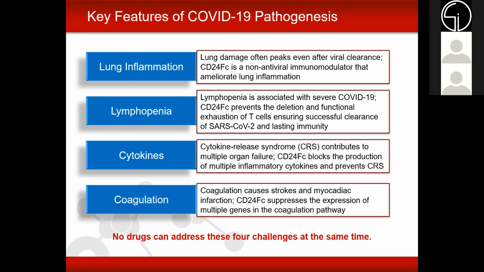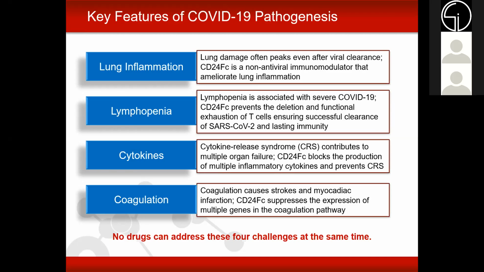But there are also other things. There's lymphopenia. A lot of patients come in with lymphocyte numbers really, really low. And then there's cytokine release. The cytokine release is slightly different from the cytokine storm in CAR T treatment. The numbers are not that high, but they are increased, and a lot of cytokines increase.